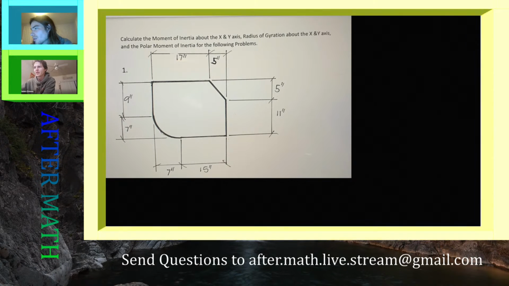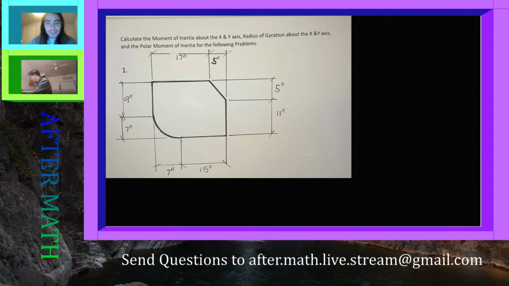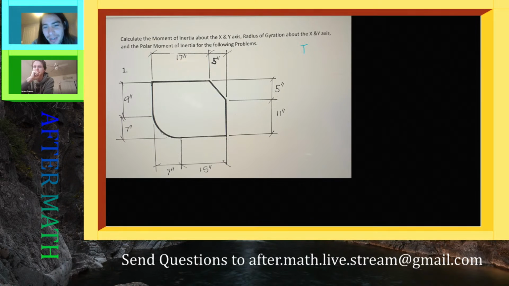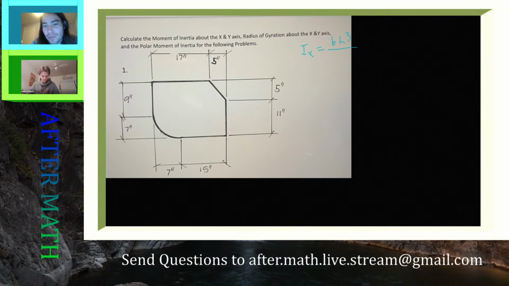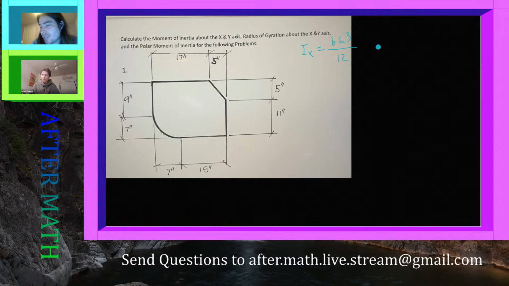Okay. So, Jane and I have done a little research, and we're going to write out some stuff. Moment of inertia of a rectangle is Ix equals b h cubed over 12, and the radius of gyration is going to be h over square root 12.